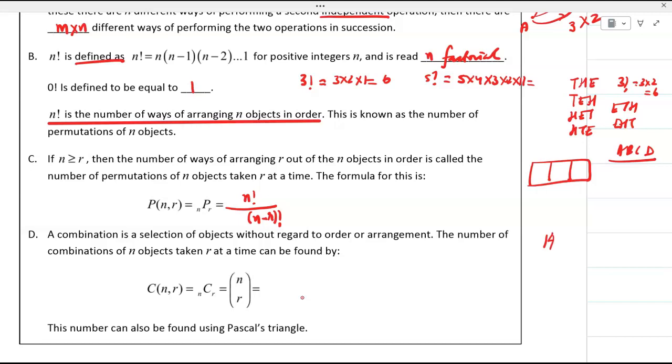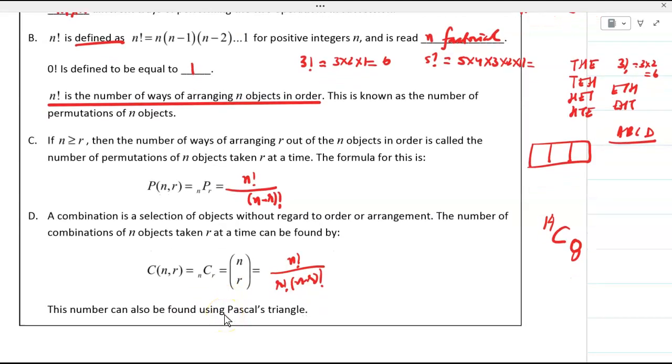Suppose there are 14 players and you want to select a team of 8. That is 14C8. It doesn't matter which 8 you choose. These formulas are given in the formula book.